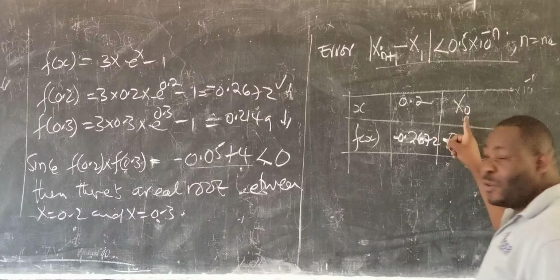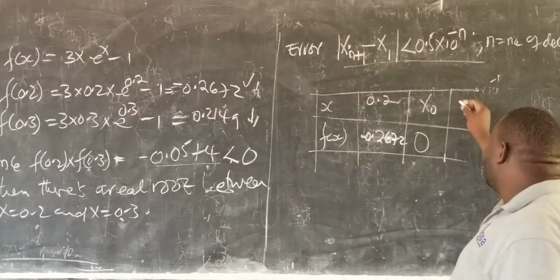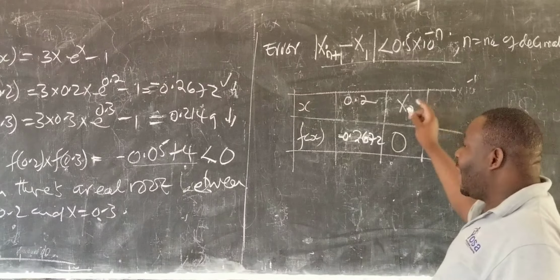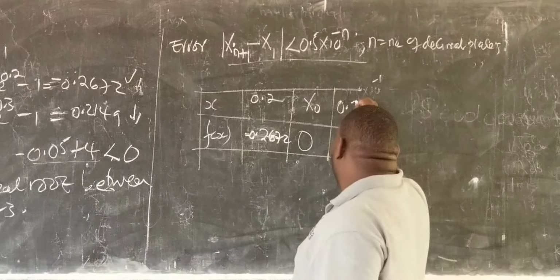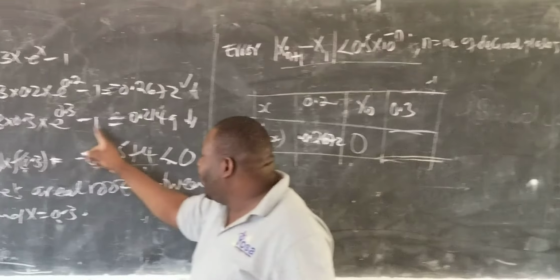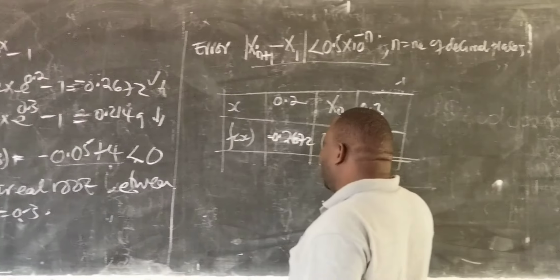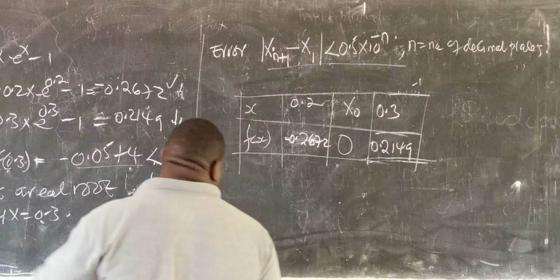But we don't know the x naught. So that's what we are looking for. So now we come and get the upper limit, which is the 0.3. When we substitute it in here, it gave us 0.2149.